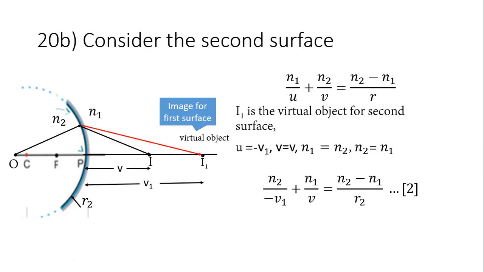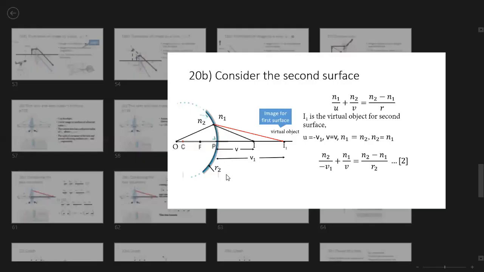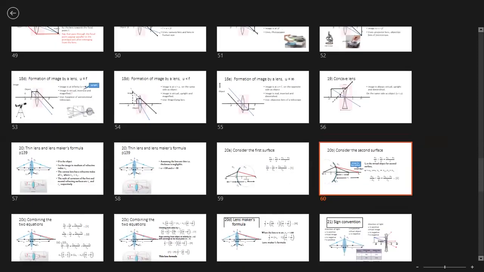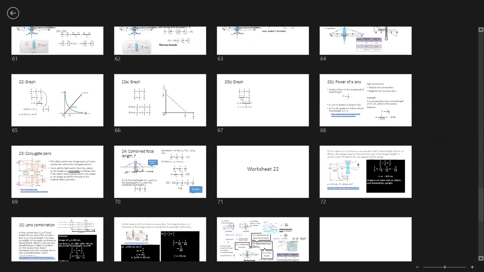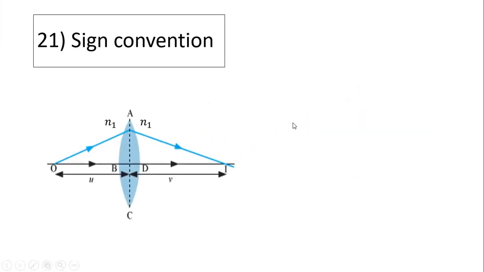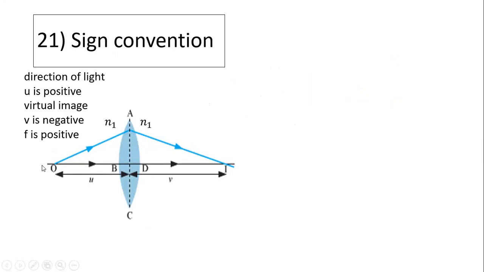No, because the object is coming from the left original, then on the right is image, correct, right? Think of it as convex lens. Right? Let me just review with you. Think of it as convex lens. Right? That you have studied before, refer to it.